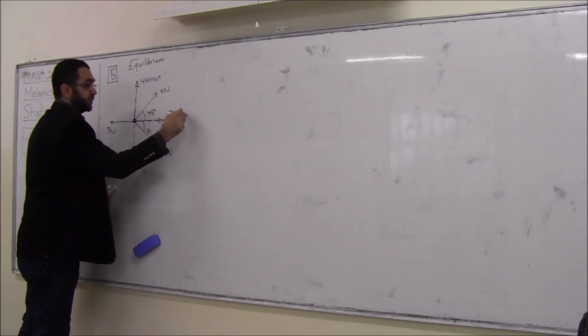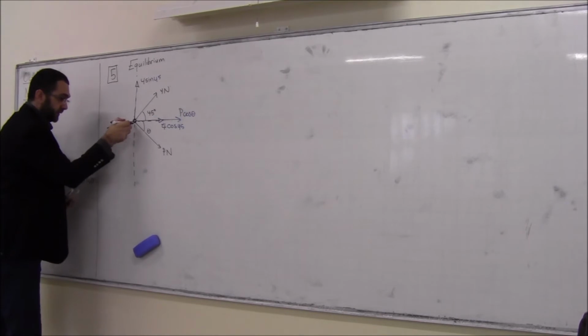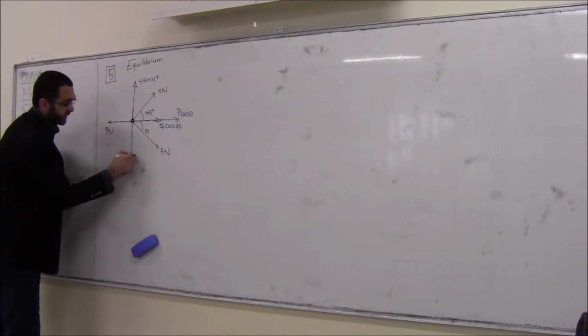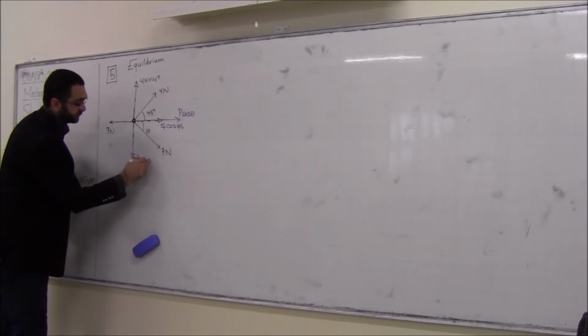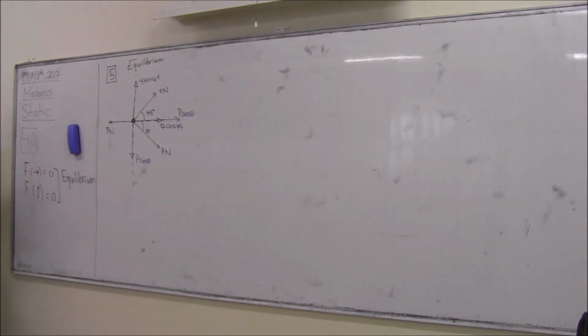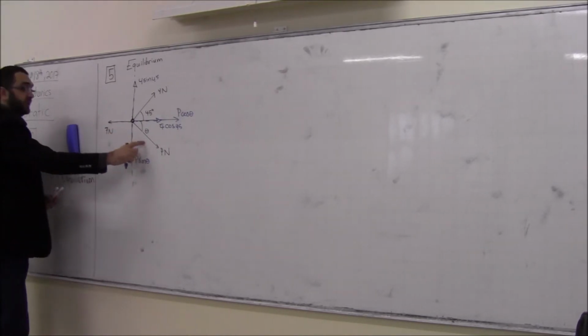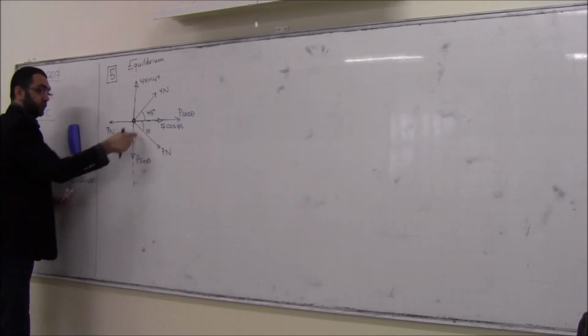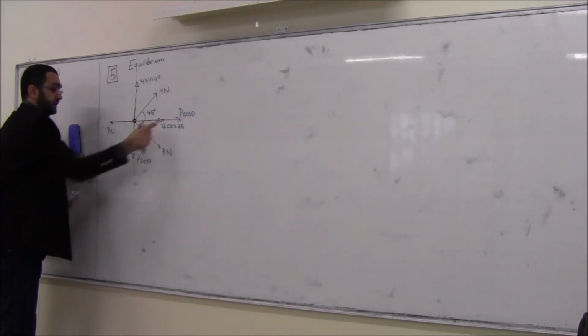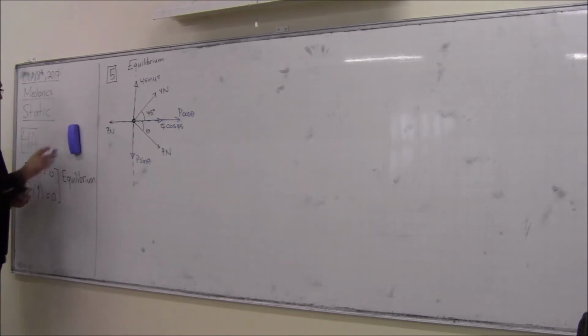So this becomes P cosine theta, and here P sine theta. Any question about resolving into components? P should be resolved between these two axes: P cosine, P sine. Now let's apply Newton's second law.